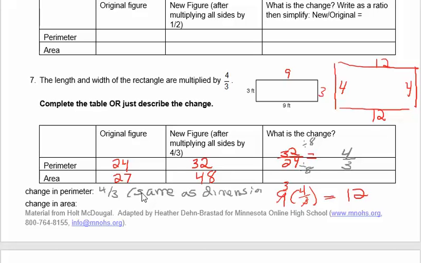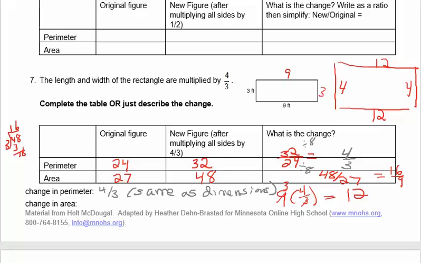What about the area? The new area is 48, and the original area was 27. Let's see if we can simplify these. I think 3 goes into both of those. 48 divided by 3 is 16, and 27 divided by 3 is 9.